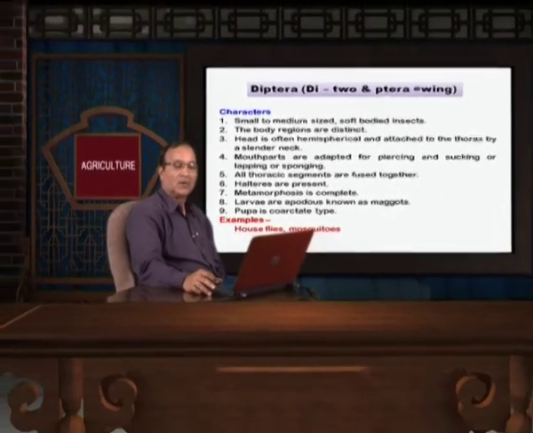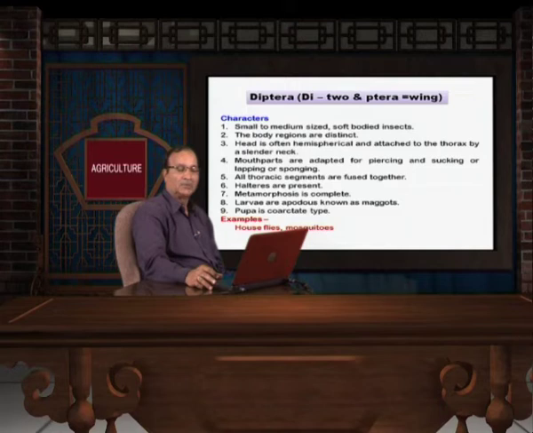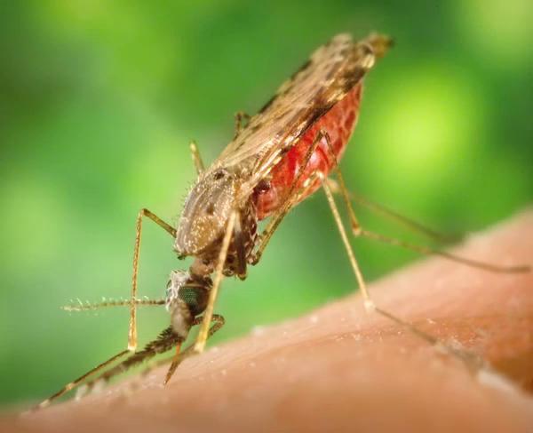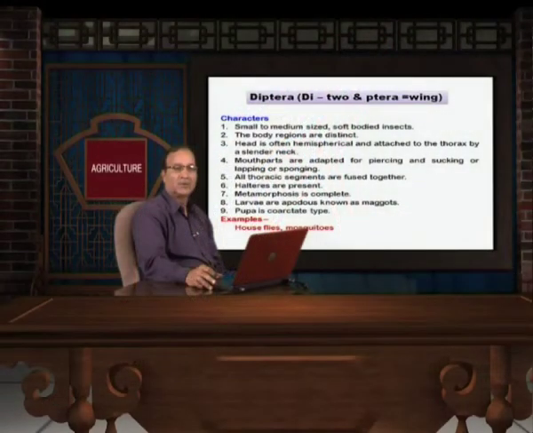Different groups or different species of mosquitoes are found in the order Diptera, but out of the different species of mosquito, the Anopheles genus is important, which is responsible for transmitting different viral diseases, particularly in human beings and in our domestic animals, including poultry birds.